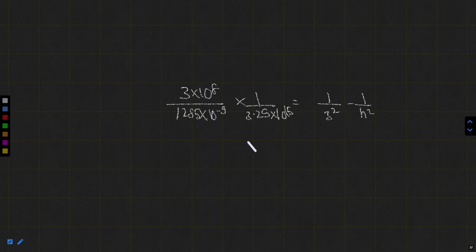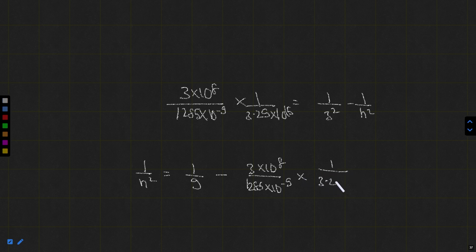Now if you bring this 1 by n square here, 1 by 3 square, that is 9, subtracted from 3 into 10 to the power 8 by 1285 into 10 to the power minus 9 multiplied by 3.29 into 10 to the power 15.